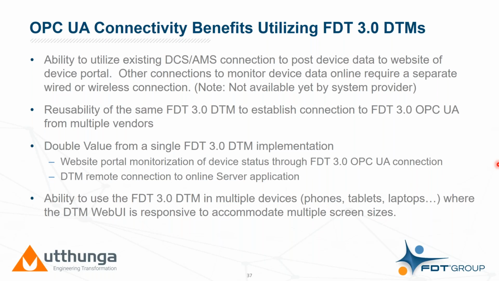So you can use the existing infrastructure and make it OPC UA enabled to push the data to the enterprise system. And as a device supplier, as Glenn mentioned, you don't need to do any additional development to expose the information as OPC UA. It will be handled by the FDT Server module, which has inbuilt OPC UA support.